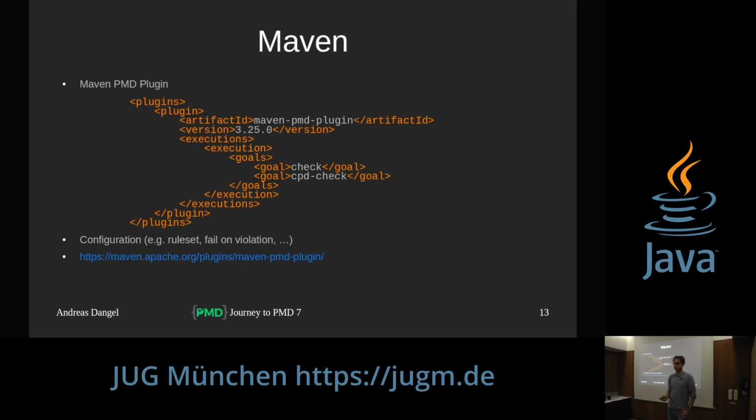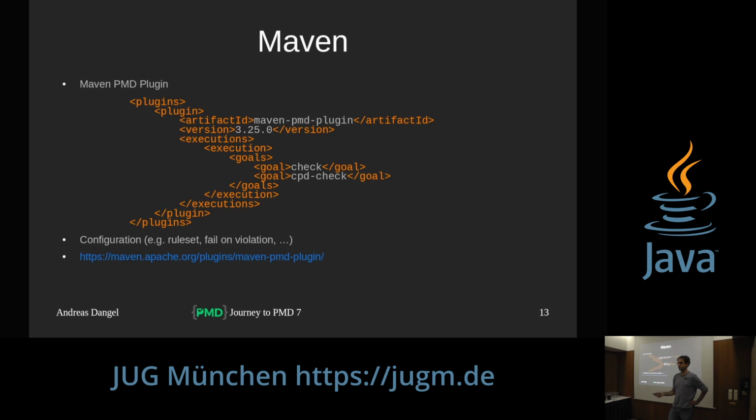If there are violations, the build is broken. So you can use it as a simple quality gate. And you can, as you see here with CPD check, also run the copy-paste detector. Here, you don't see any configuration. It uses a default configuration. The PMD plugin has a simple default rule set with some common rules.